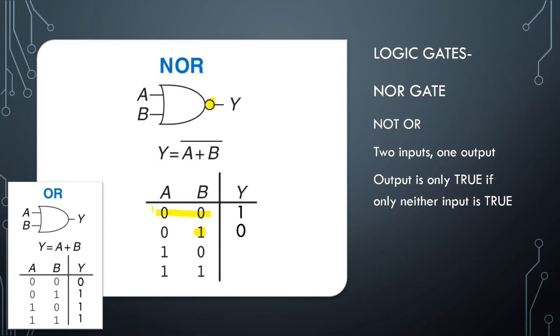If A is the only one that's true, we're going to get a 0 output as well. And if both inputs are true, we're going to get a 0. So remember, whenever there's an N in front of your gate, it's just going to be the inverse of whatever that original gate is.